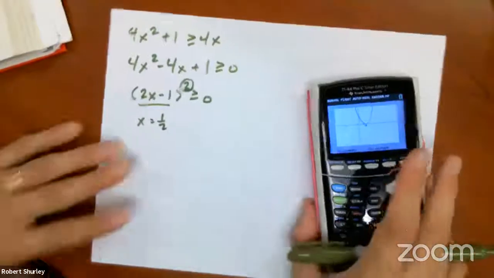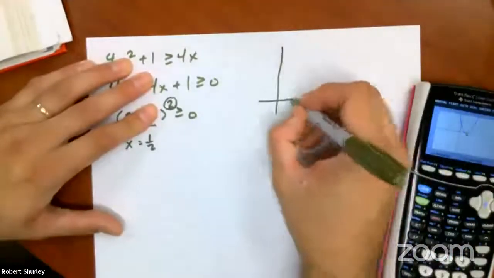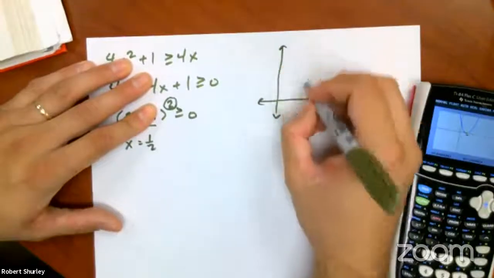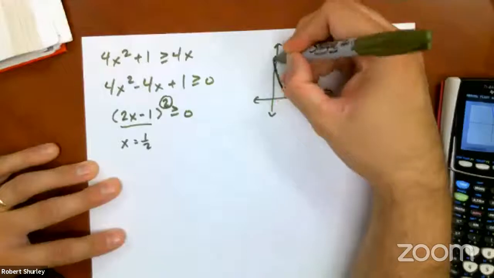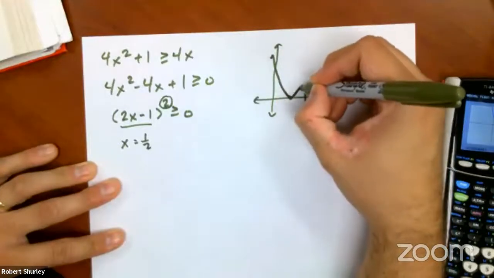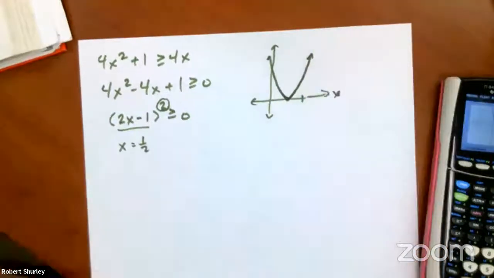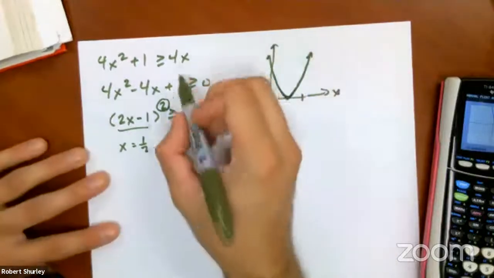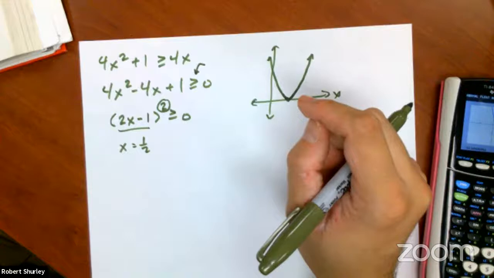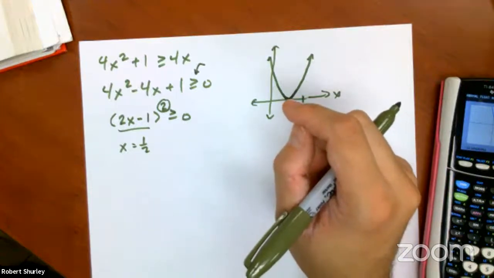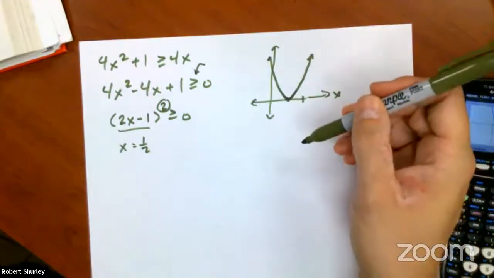That's kind of cool. Okay, so what we have going on then, the 0 is 1/2, but the issue is it just bounces. It never goes through the x-intercept, right? Now, we're trying to find where this thing's greater than or equal to 0. Well, is it ever below 0?